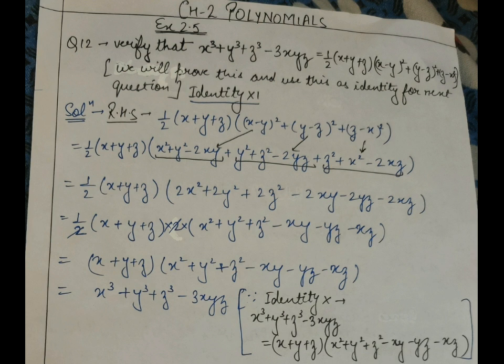After cutting it we will be left with only x plus y plus z into x square plus y square plus z square minus xy minus yz minus xz. Now after this we will observe that this is identity number 10. So from identity number 10 we will get x cube plus y cube plus z cube minus 3xyz.